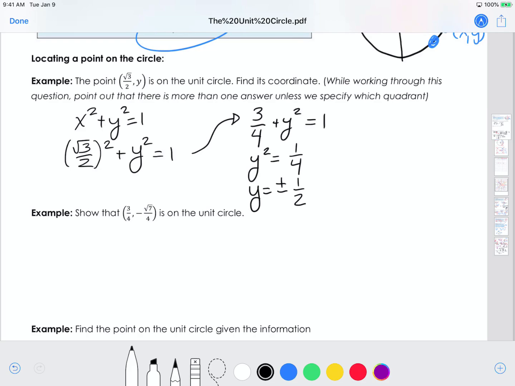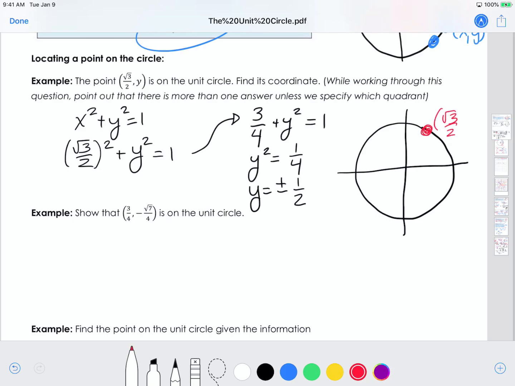Now I could have two possible answers depending on what quadrant I'm looking at. So if I'm looking at the unit circle, there are two places where x is the square root of 3 over 2. That would be here and here. Y in those cases could be positive 1/2 if it's in the first quadrant, and if it's in the fourth quadrant, it would be negative 1/2.